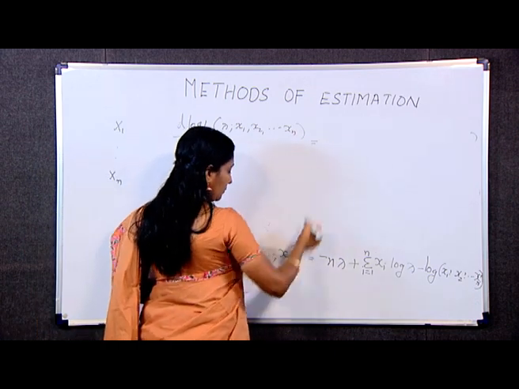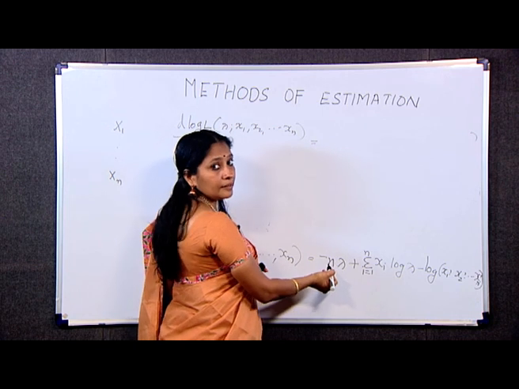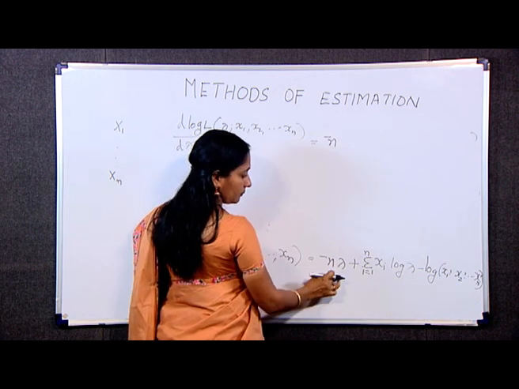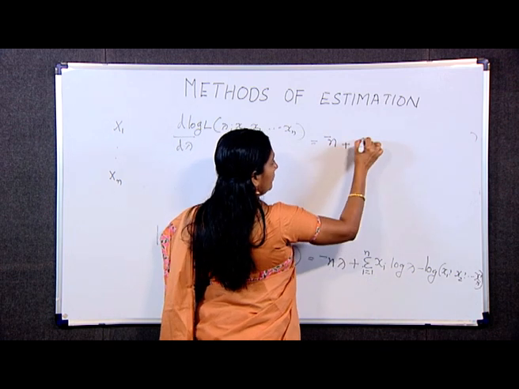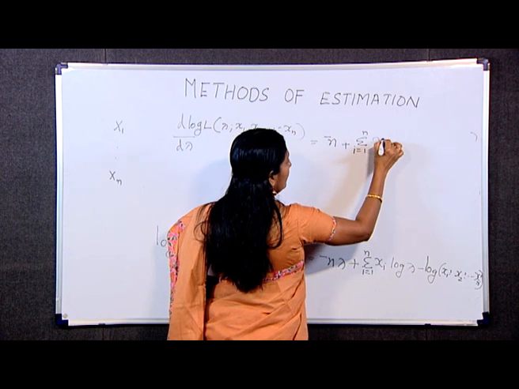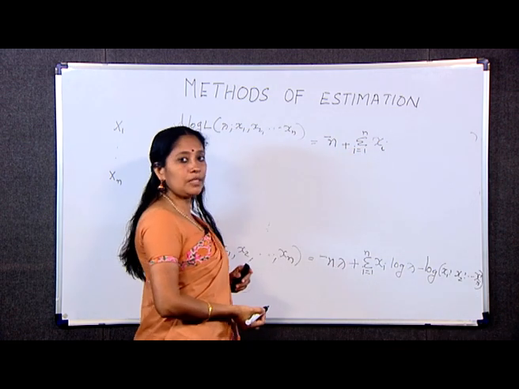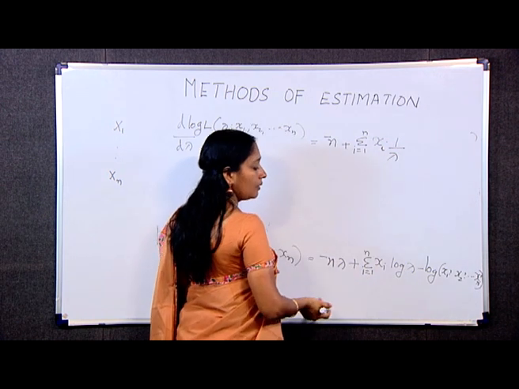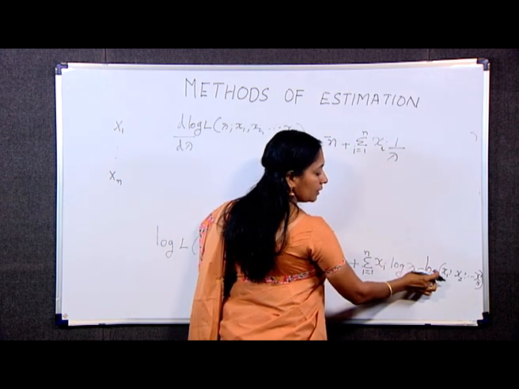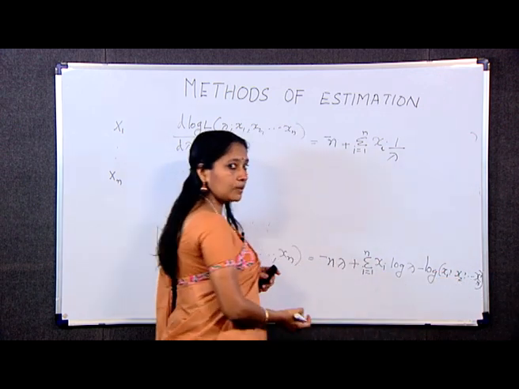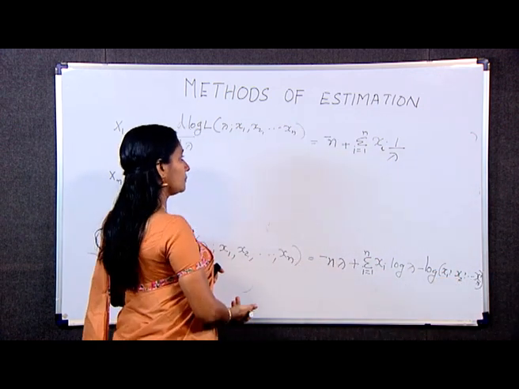This is equal to, finding the derivative with respect to lambda, it is minus n plus summation i is equal to 1 to n xi into derivative of log lambda, it is 1 by lambda, and the derivative of logarithm of x1 factorial, x2 factorial, etc., xn factorial with respect to lambda is 0.